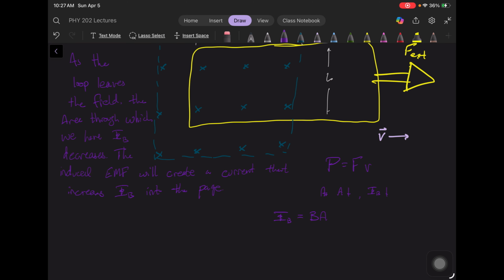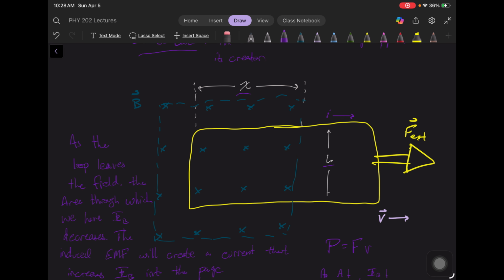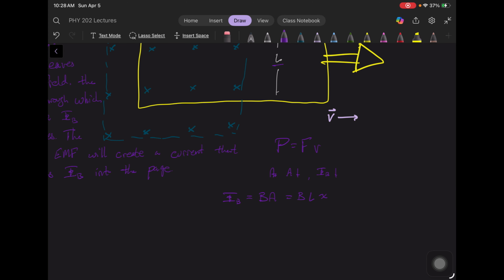Okay. Which we can say is equal to the magnitude of the magnetic field, and then the area we have is going to be L times X, right? And as we pull more and more out, our X value is going to decrease, is kind of what we're working with. So BLX is going to be phi, our flux, and we can kind of put a note here and say that we're allowed to do this because everything's perpendicular, right? And B is constant. Okay.